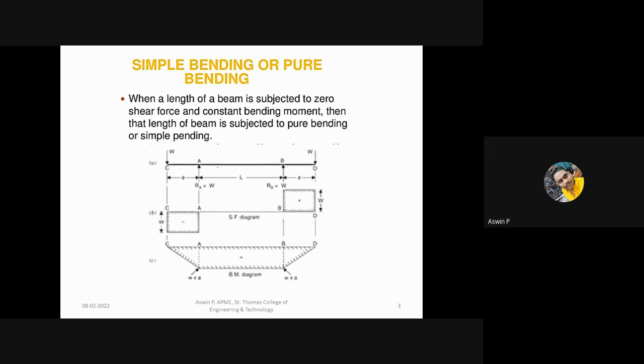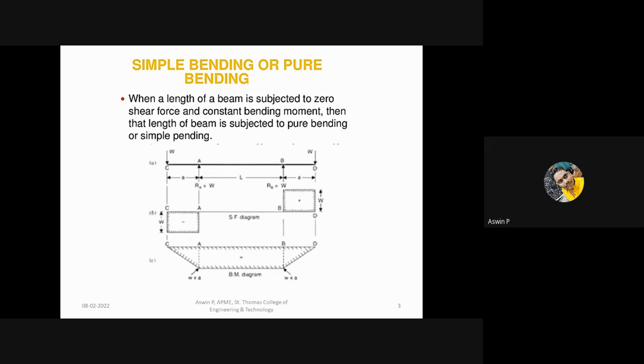And from B to A, when you are looking, there is no intermediate load, no point load, no UDL, no continuously variable load. So from A to B, there will not be any shear force. And look at the point A, you can see a support reaction W, which is acting upward, so that will become negative.